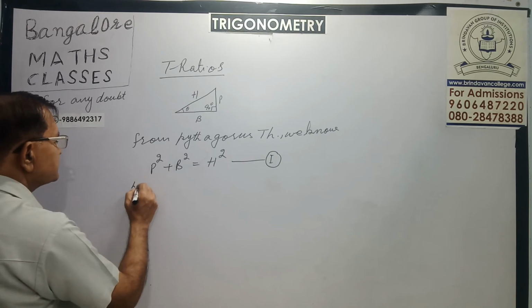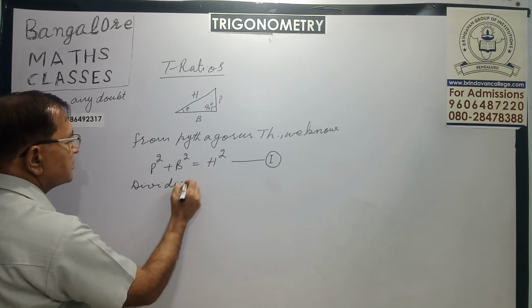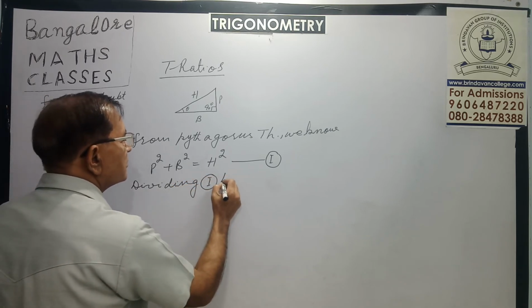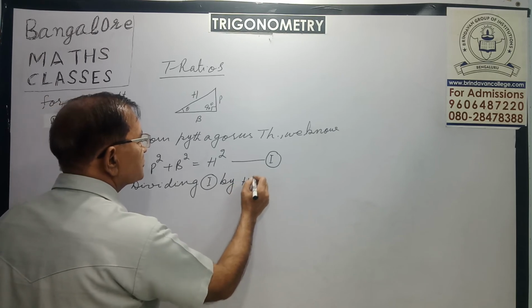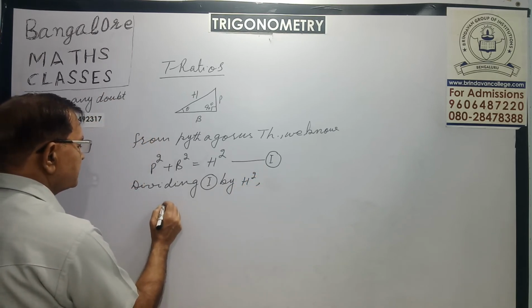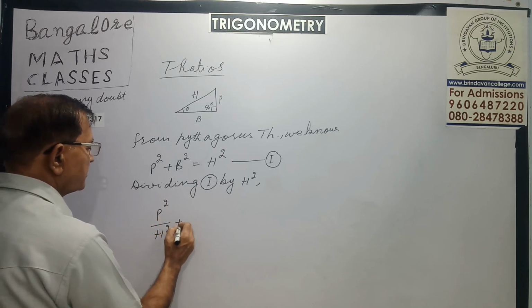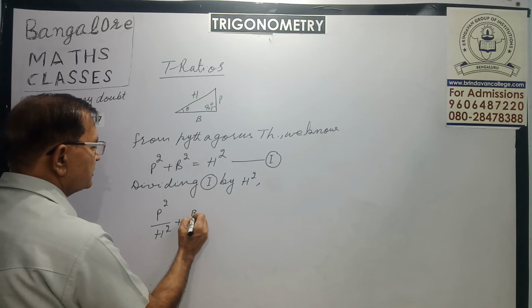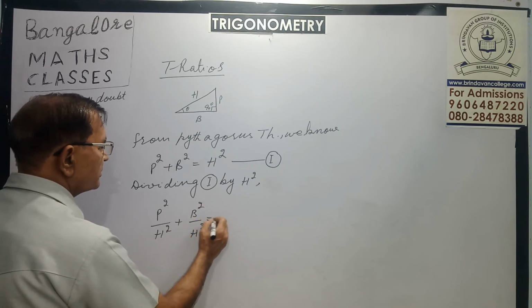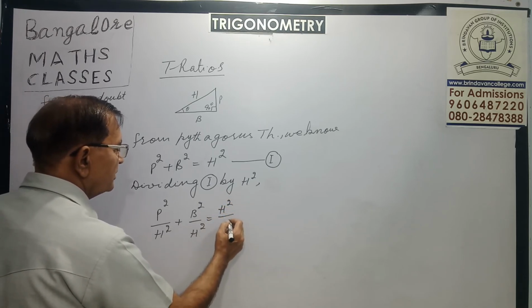Dividing 1 by H square, we will get P square by H square plus B square by H square equals H square by H square.